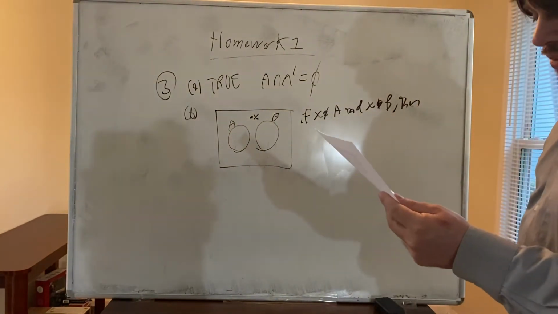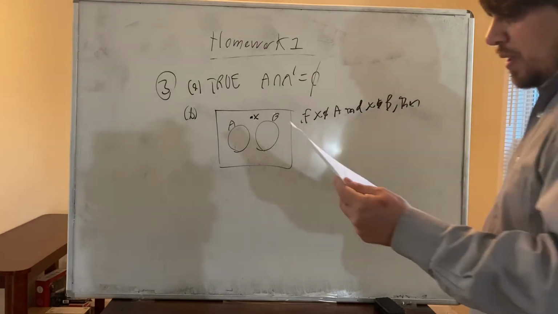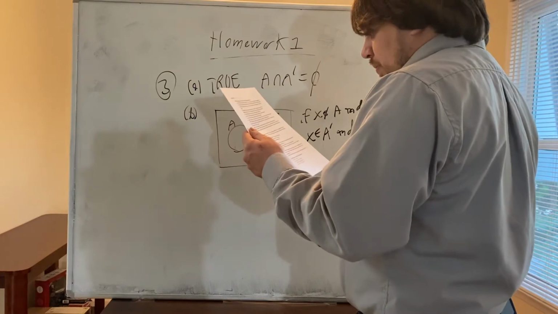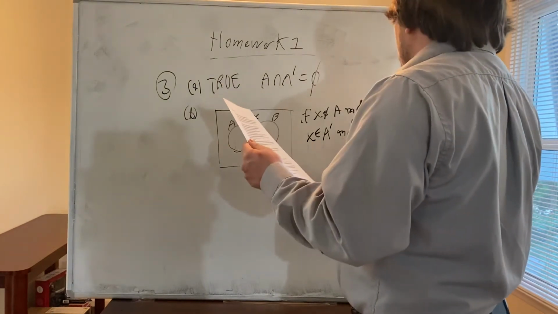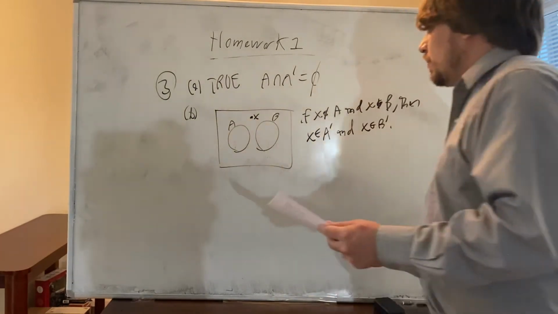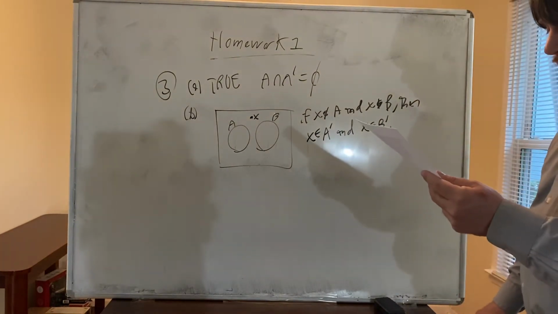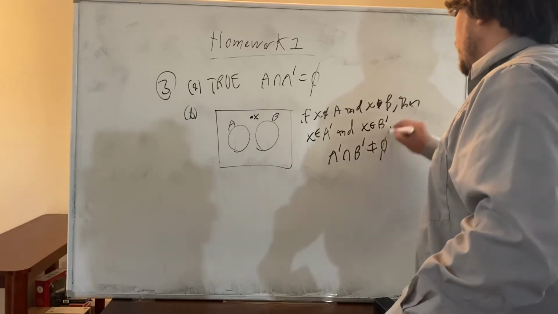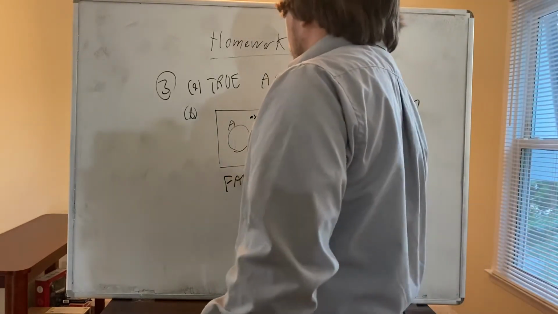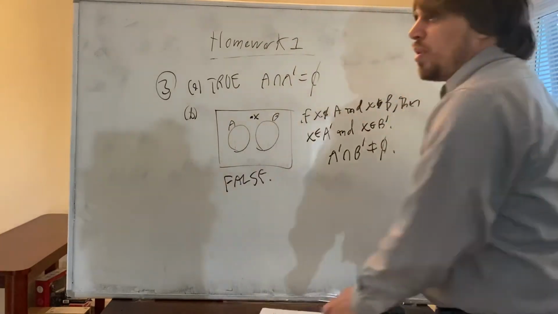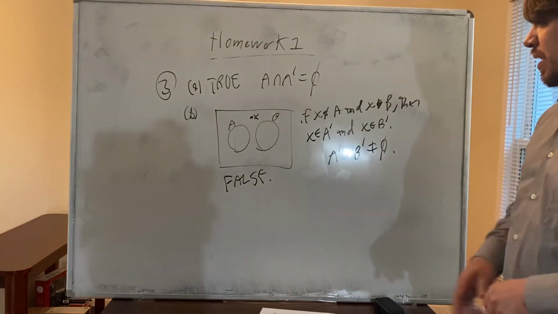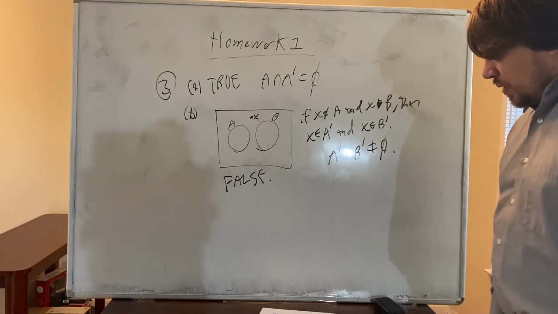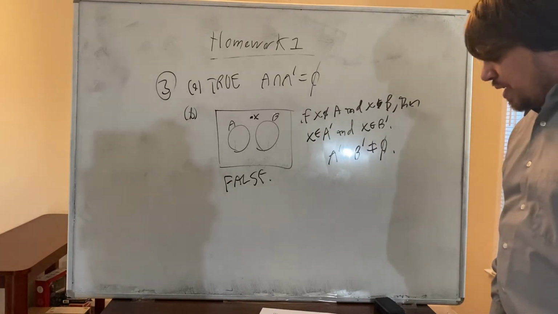That can happen even when A and B are mutually exclusive. So A prime intersection B prime does not have to equal the empty set, and so B is false. All you have to do is think of an element that's not in A and not in B, and then A prime intersect B prime is not the empty set. Okay, and so that's parts A and B of number 3.